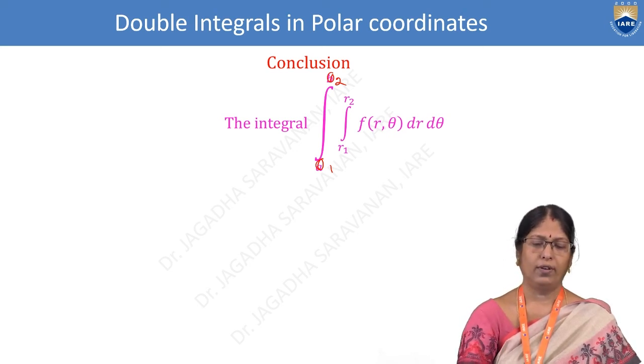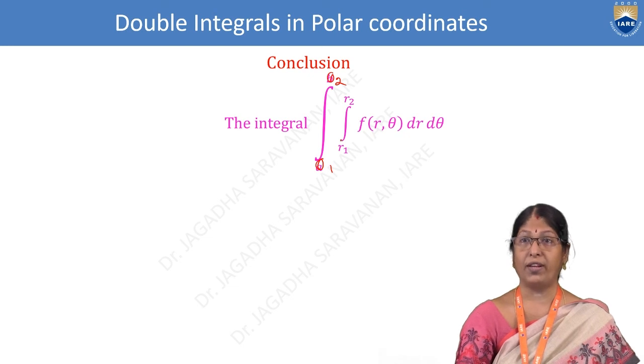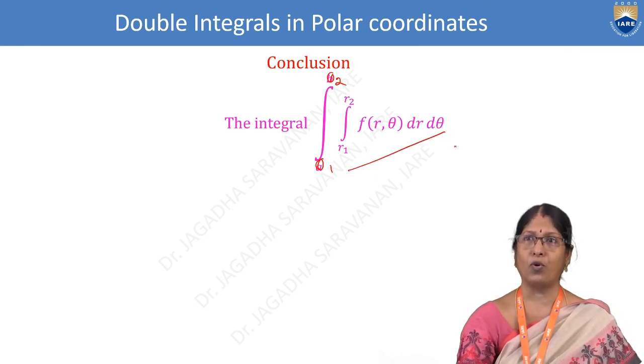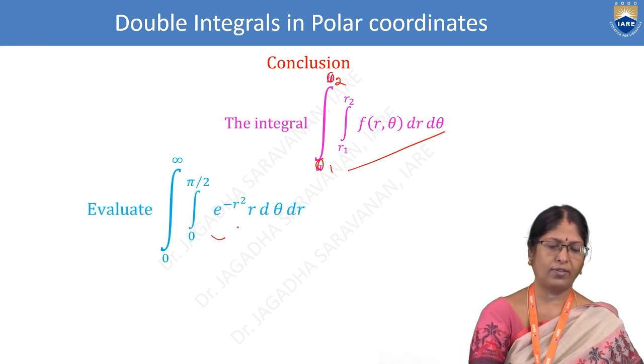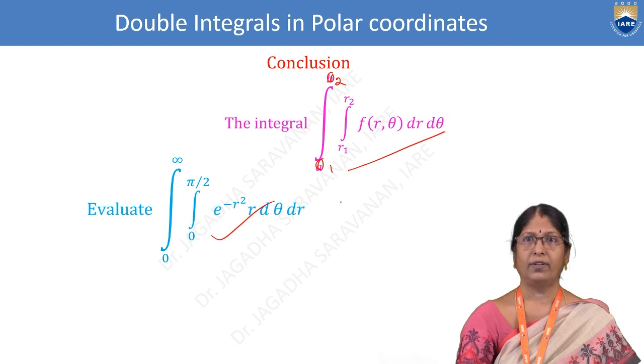Focusing on the interior integration, whether it is a function of r or theta, according to that we have to do the integrations. That concept we focused on here. This is the first formula we have taken, and the problem we solved.